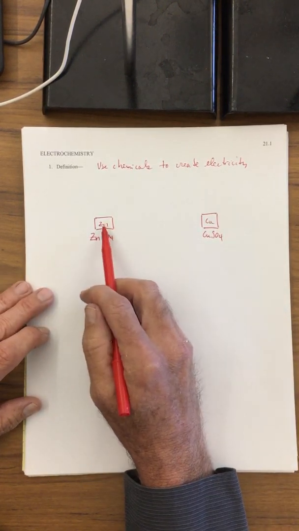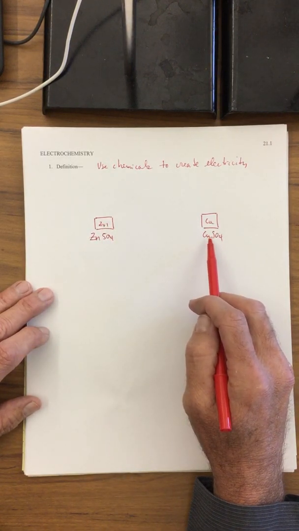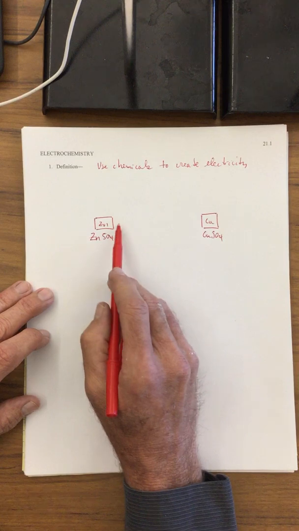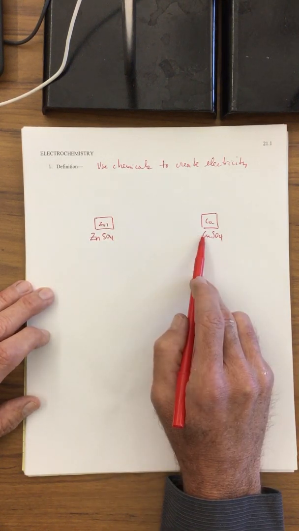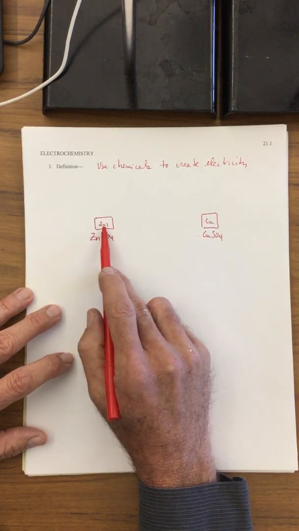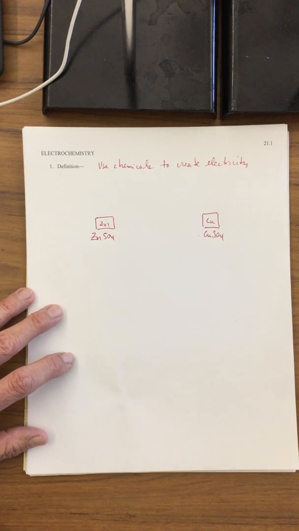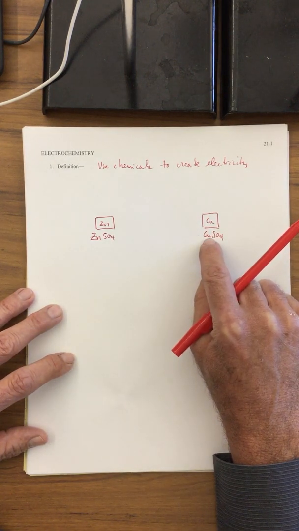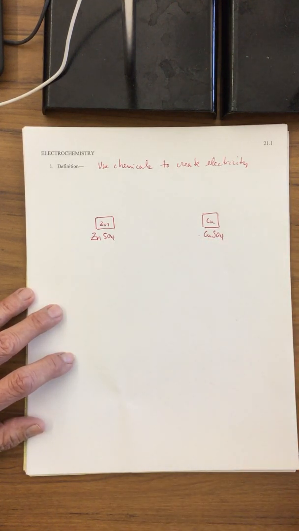So if you take the zinc and place it directly in contact with the copper sulfate, as we did in the previous lecture, you'll have the direct transfer of electrons from the zinc to the copper sulfate. The zinc will then dissolve, and the ball, or the electrons, will be transferred to the copper, and the copper is dissolved, and it's going to make that into solid copper.